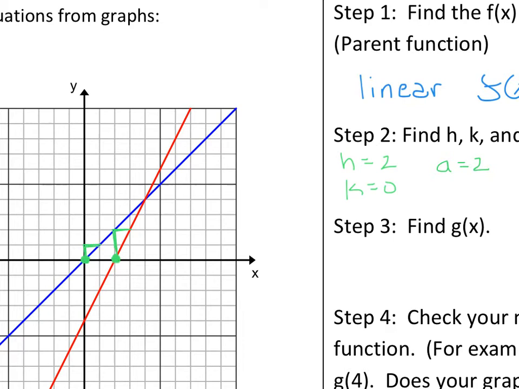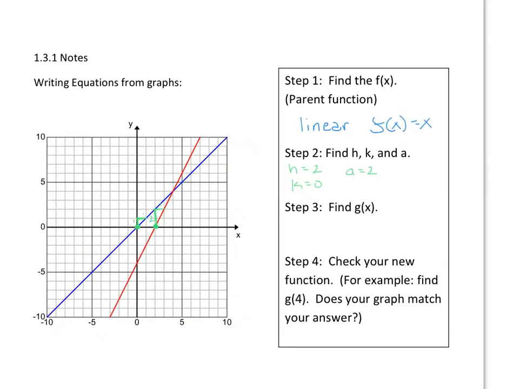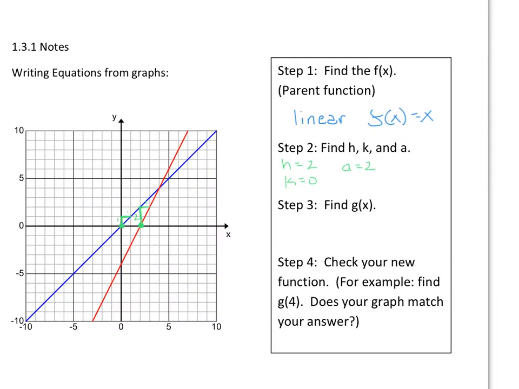If we look at our linear functions, up 1 over 1, here it went up 2 over 1. So your a value is going to be 2. It stretched twice as much. So those are my 3 values.